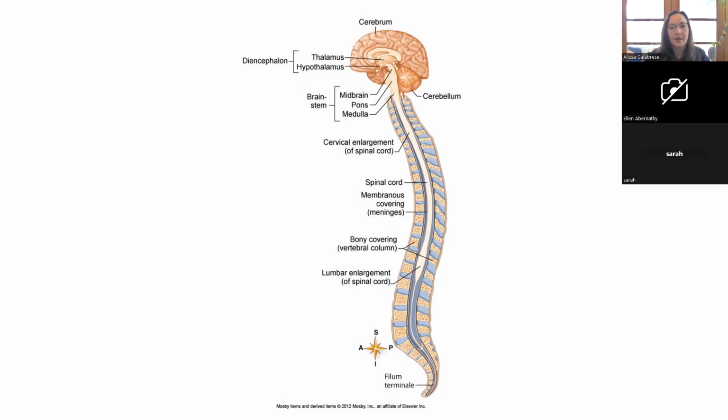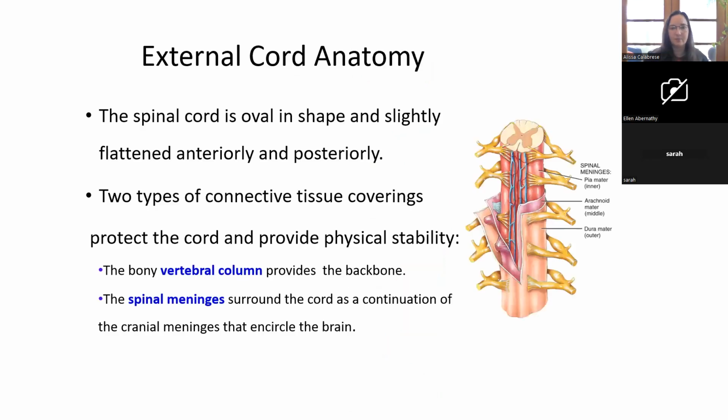Okay. We can see that coming off of the brain is the spinal cord. You can see here that the spinal cord goes through the vertebral canal here, which is the space made by those vertebral foramina that we talked about when we looked at the bones, that create a space for the spinal cord to extend all the way down to the lumbar spine.